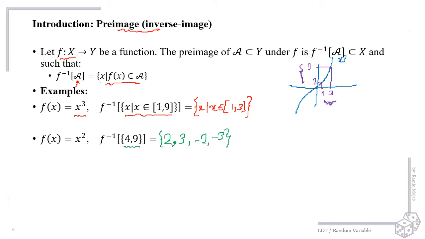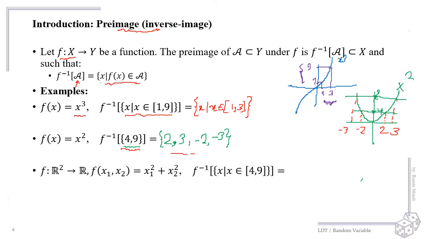For example, if this is x squared, and this is 4 and this is 9, then you can say that, for example, here this is -2, this is -3, 2, and 3. The preimage of this set, 4 and 9, is this set.